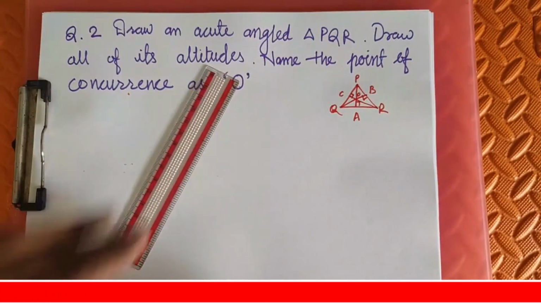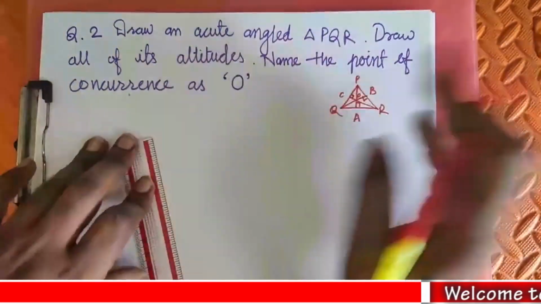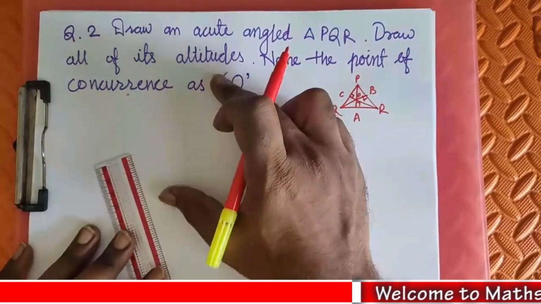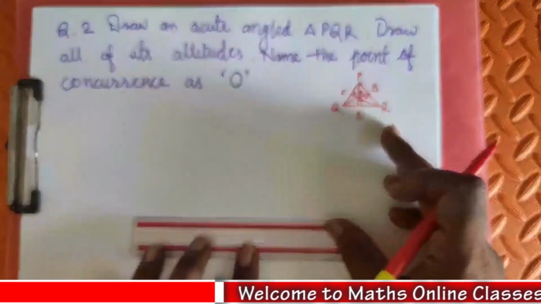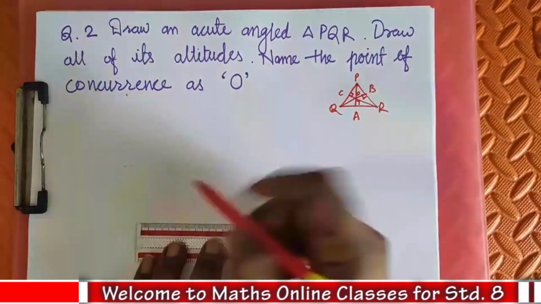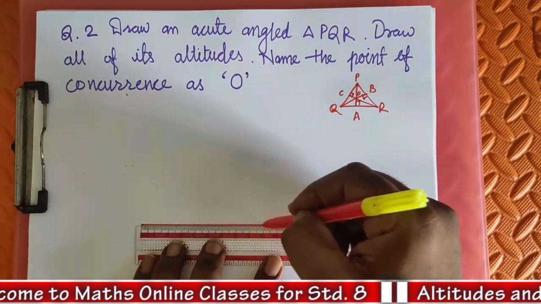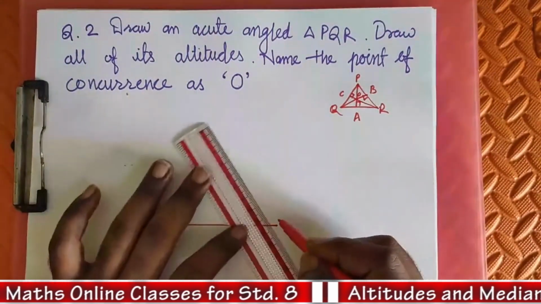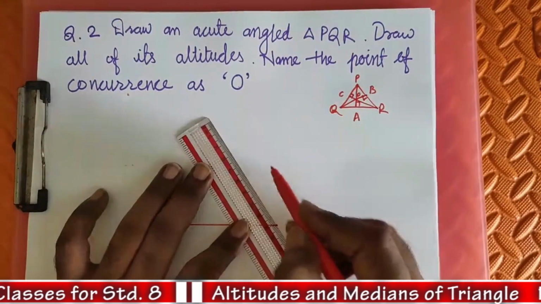Take a scale and pencil. Keep a sufficient distance from your question to the base side, that is QR, and in this triangle there is no need to take any specific measurement. Only you have to take care that your triangle should be acute angle triangle.